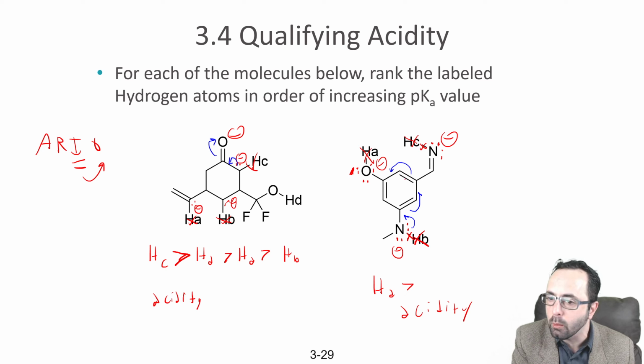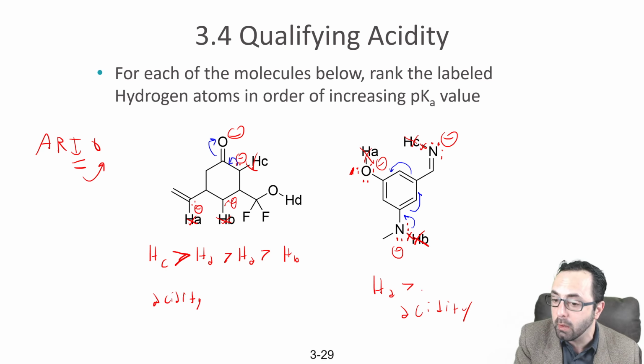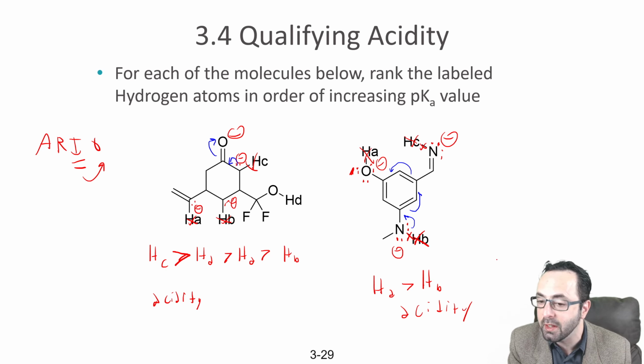Next, we'll look here, and we see that we have this one here, which does not have resonance because it's a vinyl lone pair. So they're both nitrogen, but the HB has the resonance here, right? And the HC does not. And so the HC would be the least acidic.